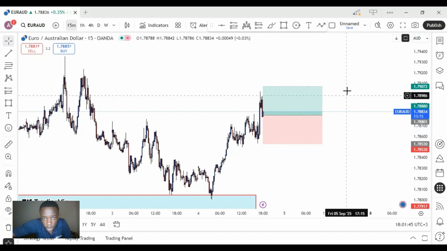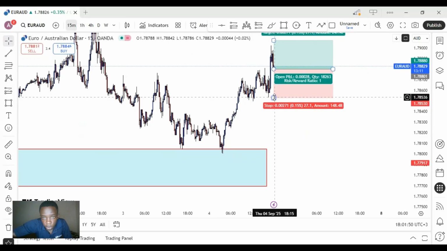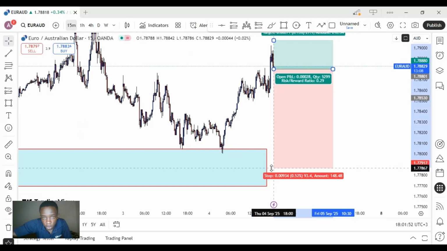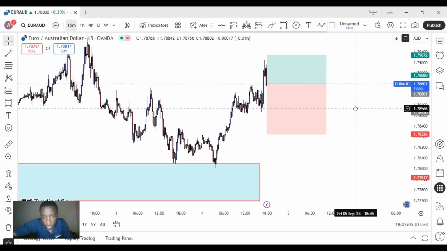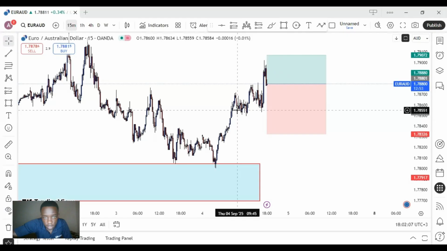Then our stop loss should be at this point, below this previous low.